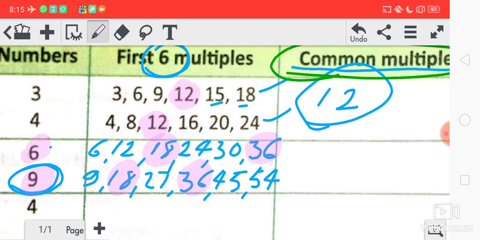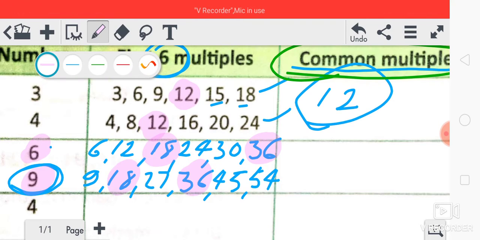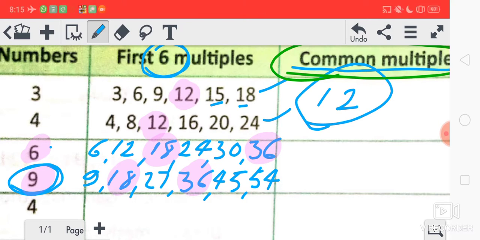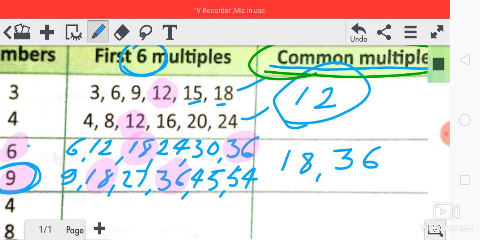Is there any other number which we are getting in both? No. So what numbers have we got as common? We have got 18 and 36. So we'll write here 18 and 36. We have got them in both, that means they are common.